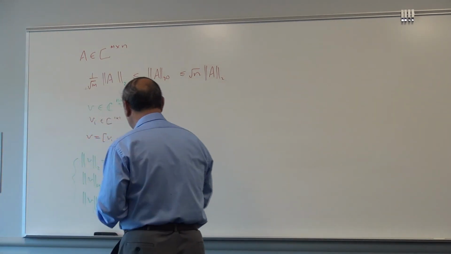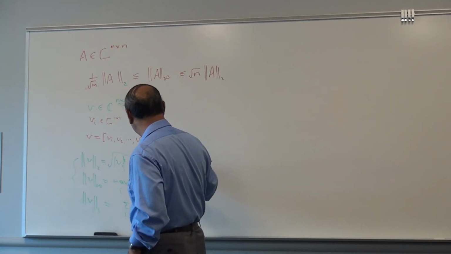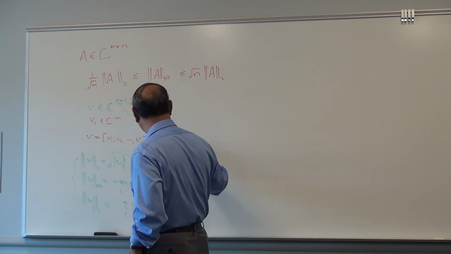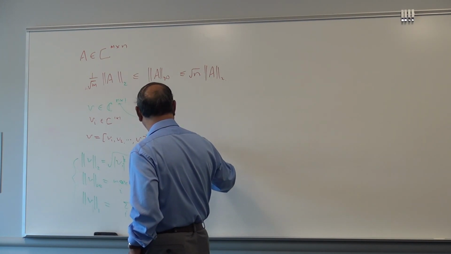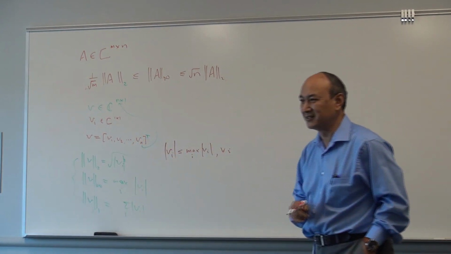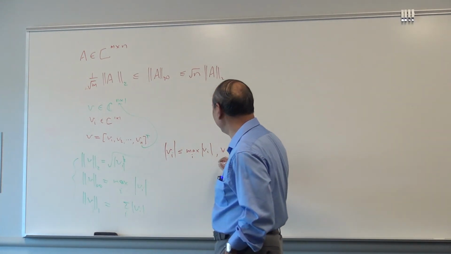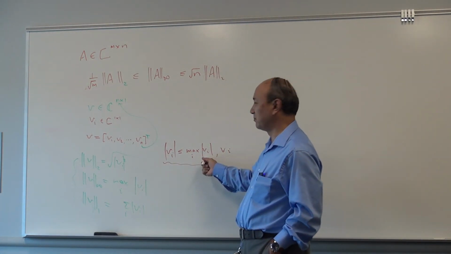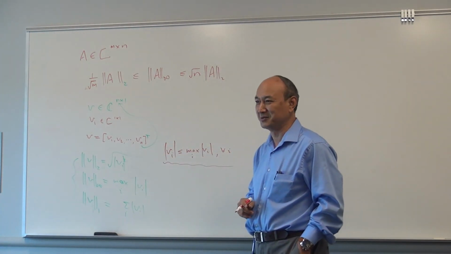Among all of these, can we say that the absolute value of v_i is always less than or equal to the infinity norm, for all i? This is obvious. If you question me about this, then you are in trouble, because I already picked the maximum, so everything else is less than me, or there's one guy equal to me.